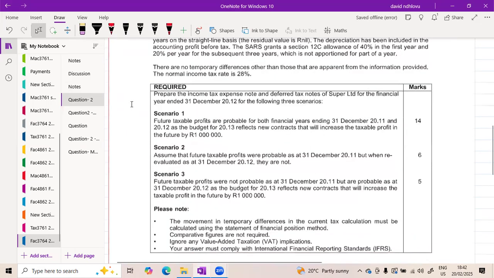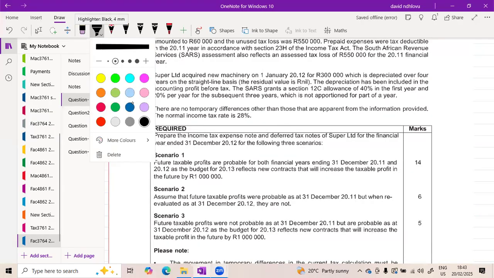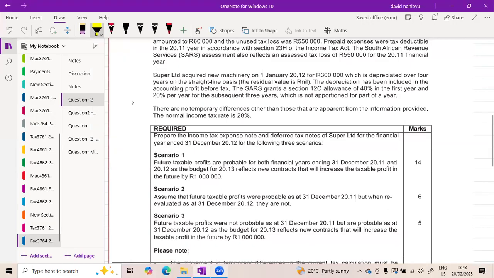So this is the question. It deals with unused tax losses and it gives you different case studies. It says, prepare the income tax expense note and the deferred tax note of Super Limited for the year ended 31 December of the year 2012 for the following scenarios.